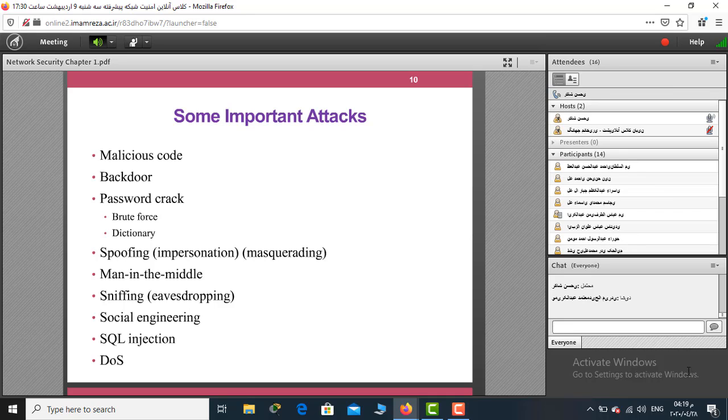Well, for example, most people and users use simple and popular passwords for their systems. For example, their name, the name of their wife or husband, or their children, or the date of birth, date of marriage, and other simple patterns for passwords, or meaningful words that exist in a dictionary.